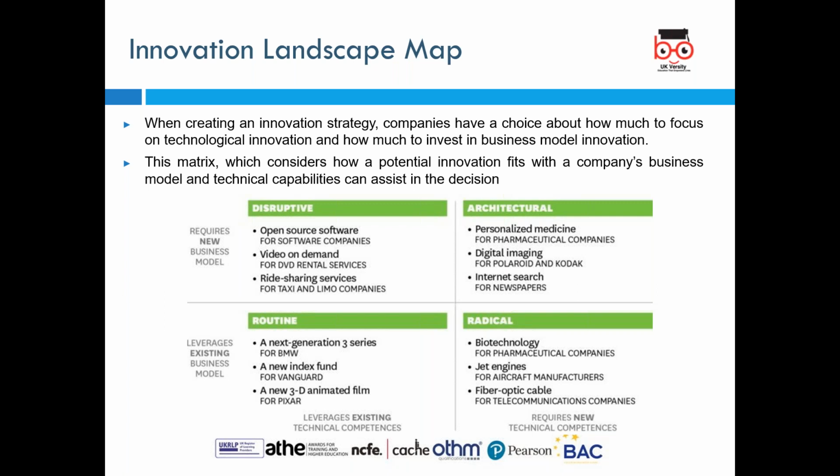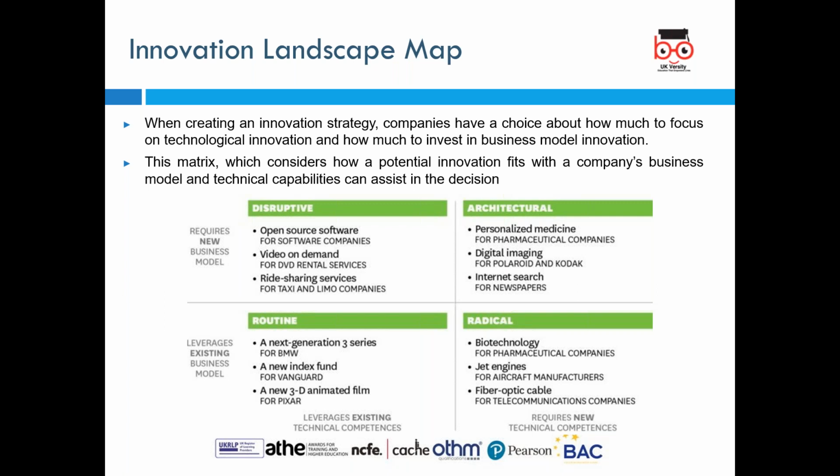As we can see, when creating an innovation strategy, companies have a choice about how much to focus on technology innovation and how much to invest in business model innovation. From this matrix, which considers how the potential innovation fits within the company's business model and technology capability, we can make decisions.